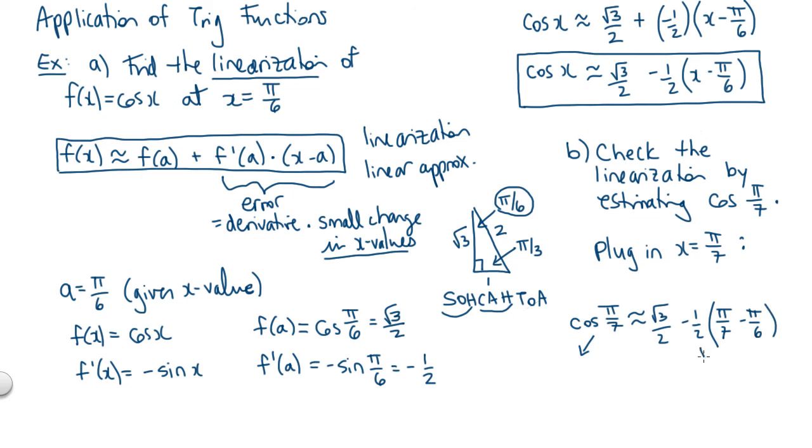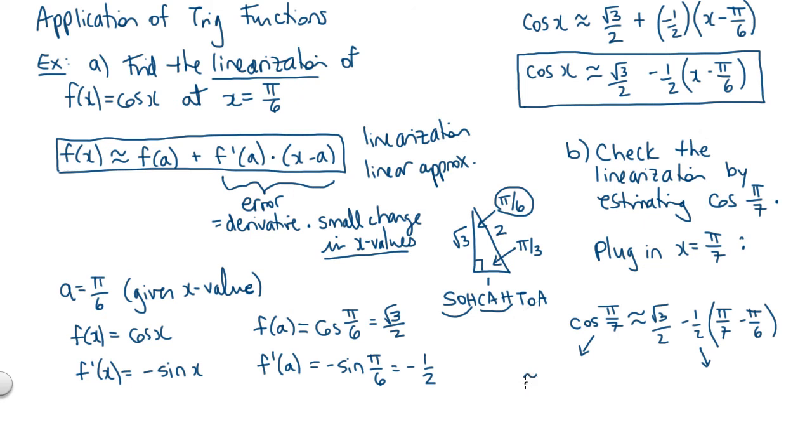And we'll also check this value on our calculator. So if the two answers come out reasonably close, then that will give us some indication that our linearization was probably done correctly.